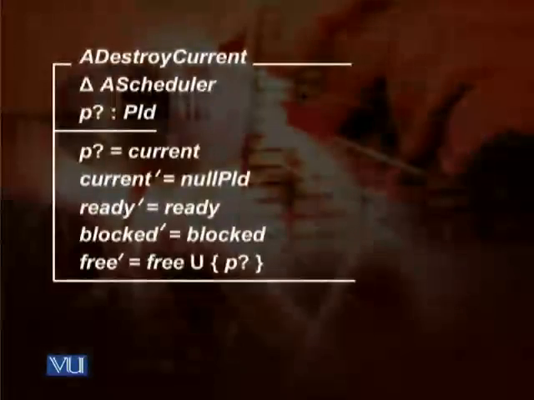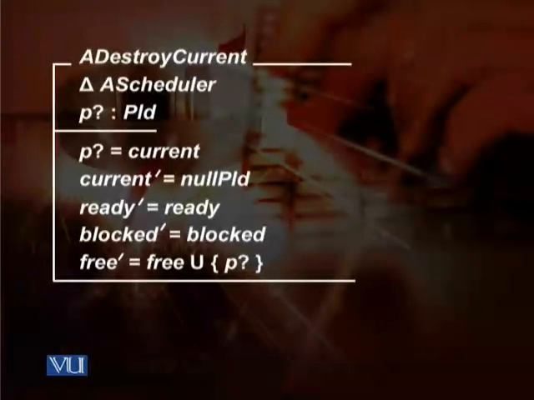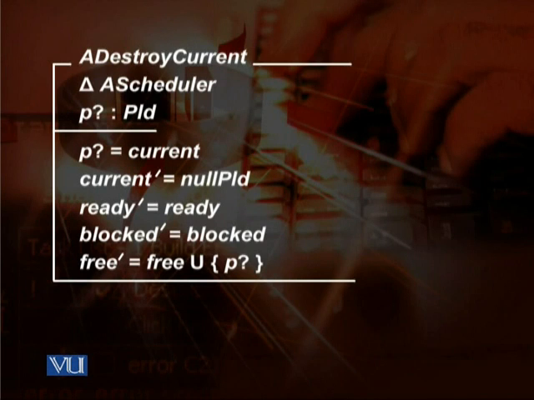So we have this destroy current, which destroys the current process and changes the scheduler. In this particular case we say that the PID that we want to destroy is equal to the current, and then current becomes null, nothing else changes, and so ready remains ready, blocked remains blocked, the same thing, but we add the PID of this current process to the free set.